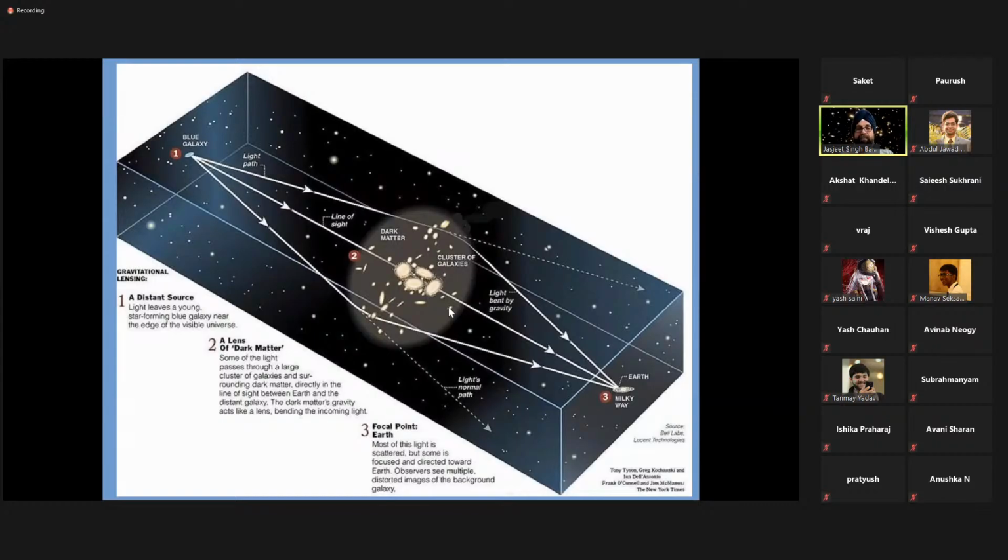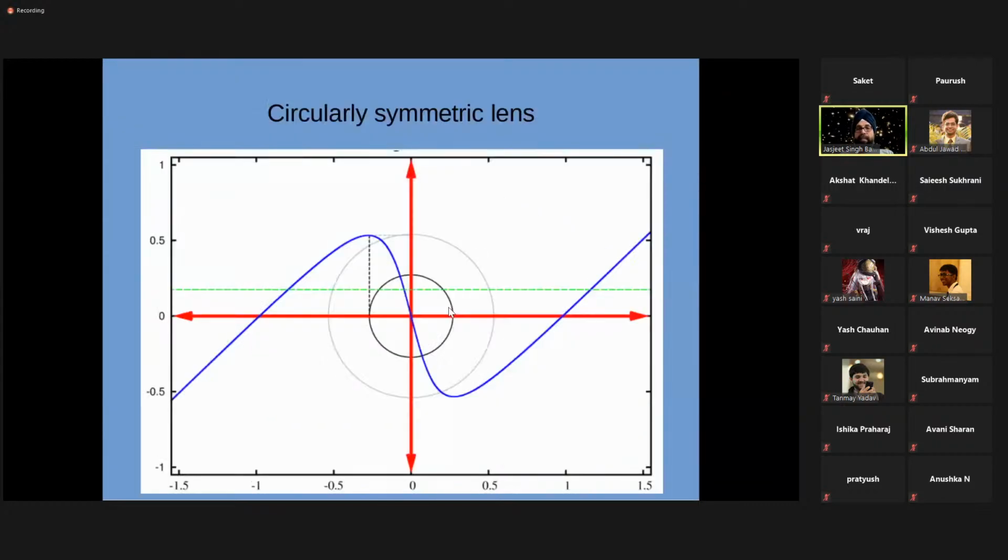So if I have a circularly symmetric lens, then I need to have enough mass in the lens to be able to cause multiple observed images for a single source. Okay, so in this case, on the y-axis, I have the observed angle.